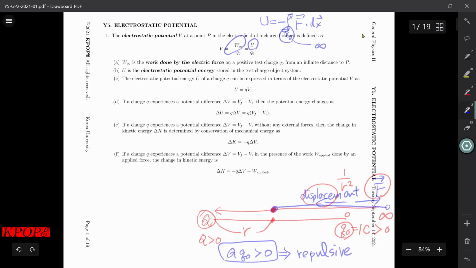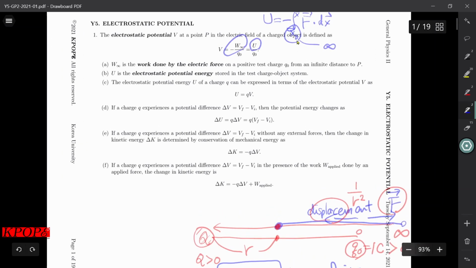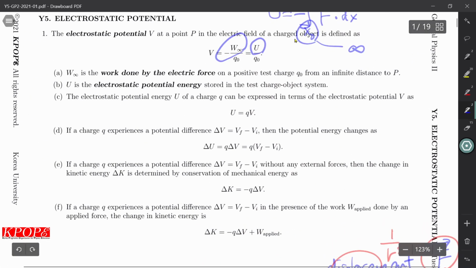The electrostatic potential energy stored in the test charge of the system is, this is energy, electrostatic potential energy.